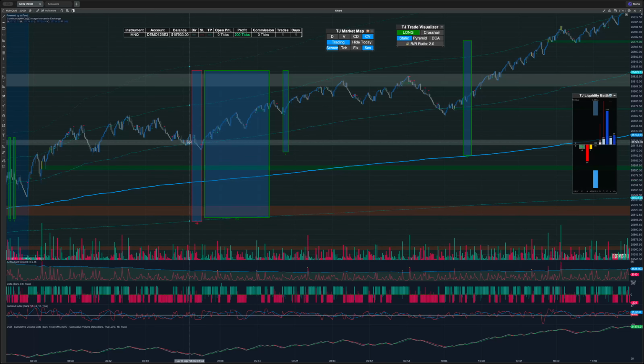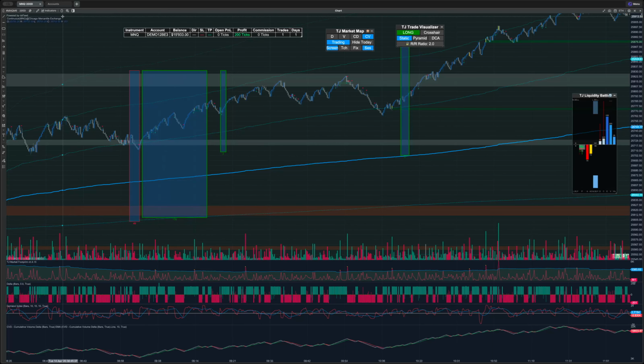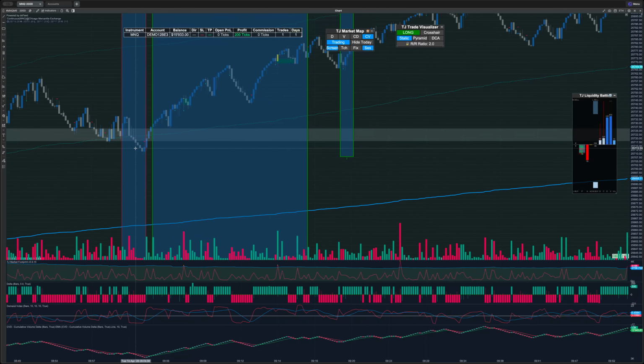But yeah, if you see those very narrow candles here: this chart is a 200 delta chart, so at least 200 delta need to have happened for a new candle.